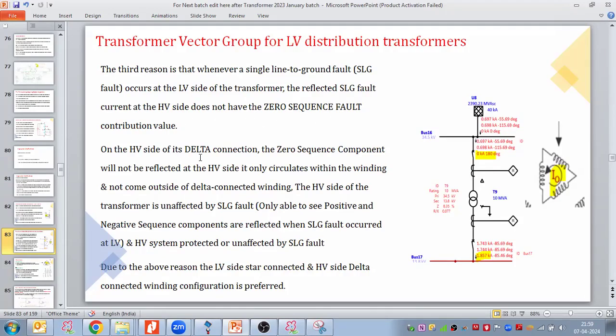So on the HV side, because of the delta connection, the zero sequence component will not be reflected at the HV side. It will only circulate within the winding and not come outside of the delta connected winding.